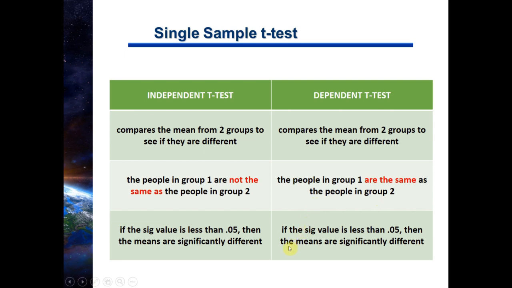Before we move on, let me just explain this last one. The criteria for saying something is significant is the same for an independent and a dependent t-test, as well as the single sample. As long as your sig value is less than 0.05, then your test is significant, right? And that's true here, here, and up here.